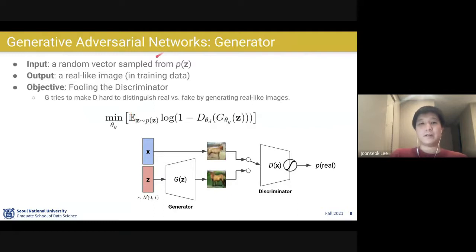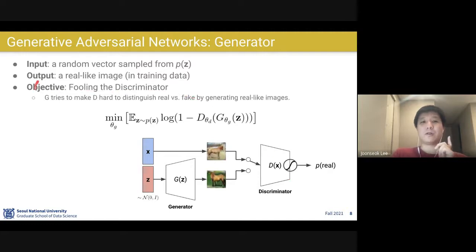In the generator, it just receives a random vector, just like the VAE. So getting some random vector from the normal distribution, it generates some image. We don't talk about how we are going to make this generator yet. We're going to see later. And it outputs some real-like image. Its goal is outputting a real-like image, which can fool the discriminator.